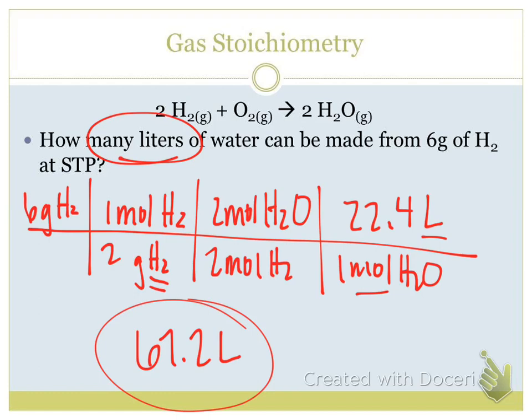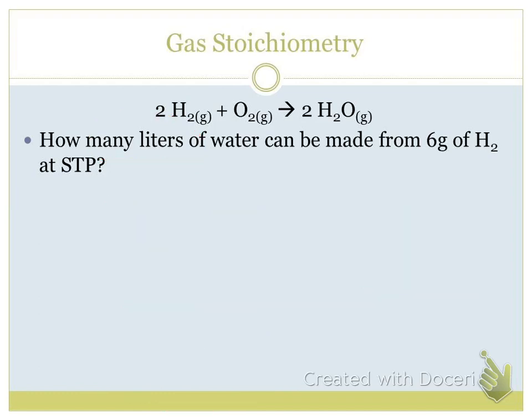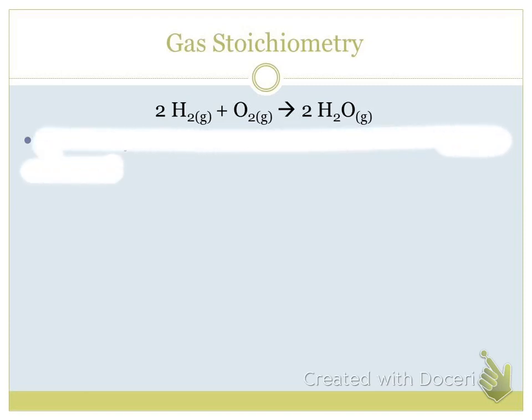Okay, I'm going to use the same balanced formula now to give you a question that doesn't happen at STP. So let me clear off this question, and I'll write a new one.